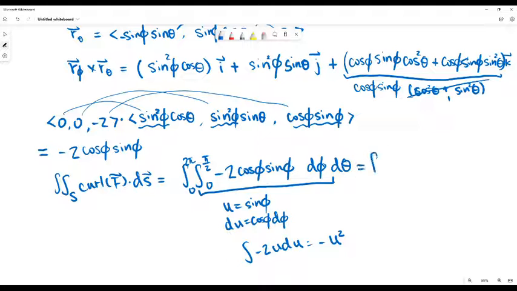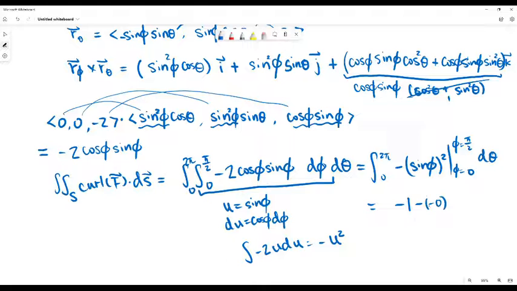So for the inside, I have negative sine phi, then squared. And I plug in phi is pi over 2, plug in phi is 0, then subtract them. If my phi is pi over 2, sine pi over 2, that's 90 degrees, would be 1. If I plug in 0, that's 0.